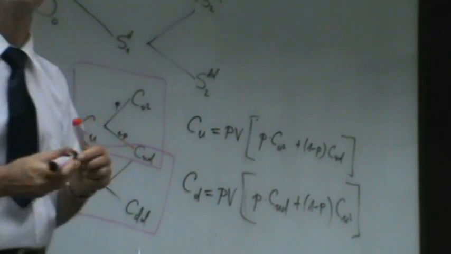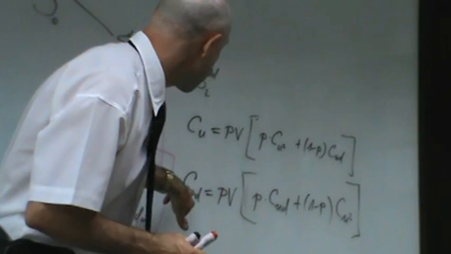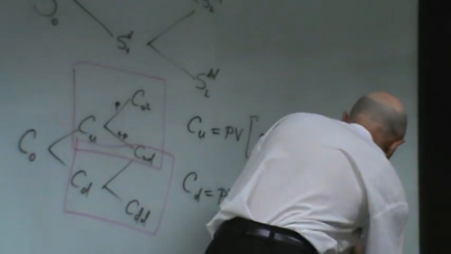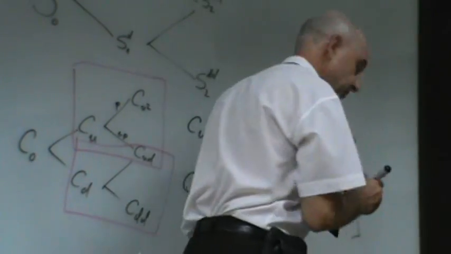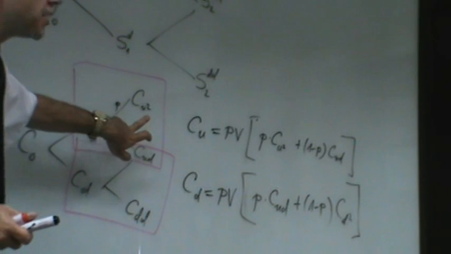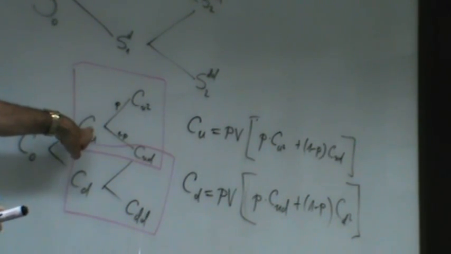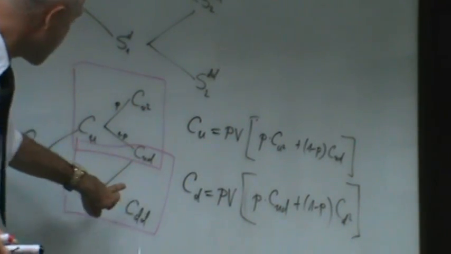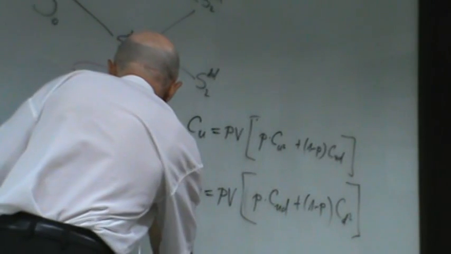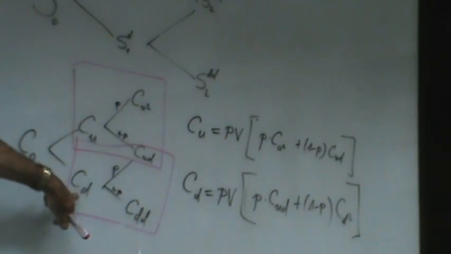Close the bracket here. Okay, well let's check. CUD, CDD. Yes, thank you. Okay, so based on these two, using the probability, we got this price, CU. Based on these two, using the same probability, P, 1 minus P, we got the CD.